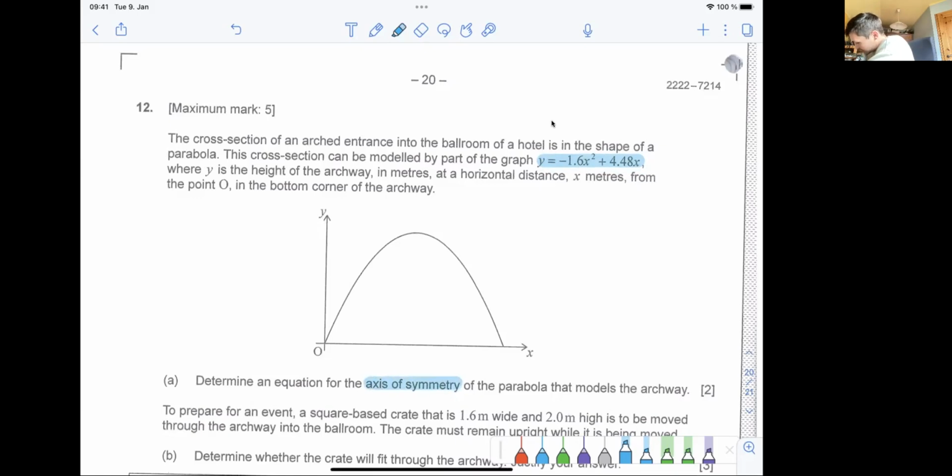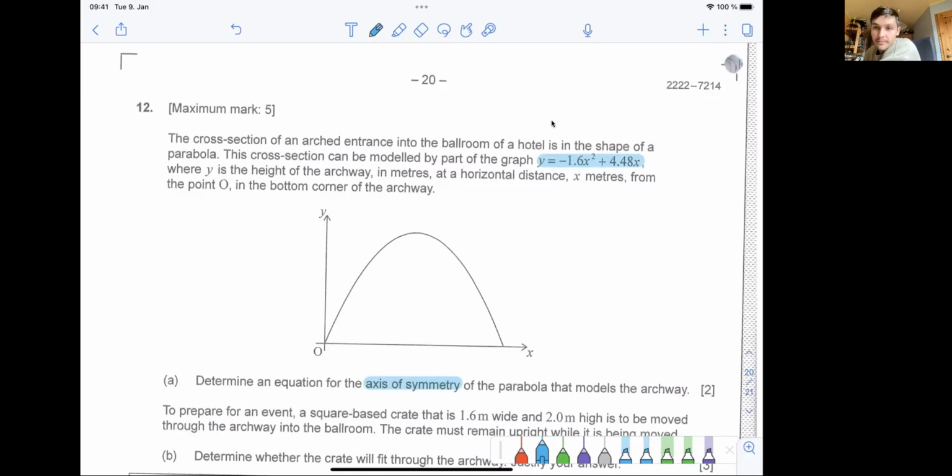Effectively, the axis of symmetry is the equation of the line that goes directly in the middle of the parabola and basically cuts it in half. So that would be more or less that line. I know that's not perfect, but it'd be more or less around there. So we've got to find what this value of x is.